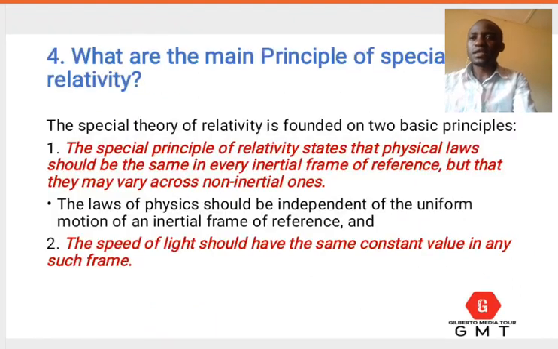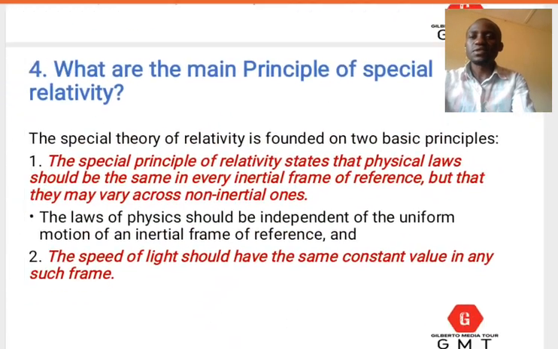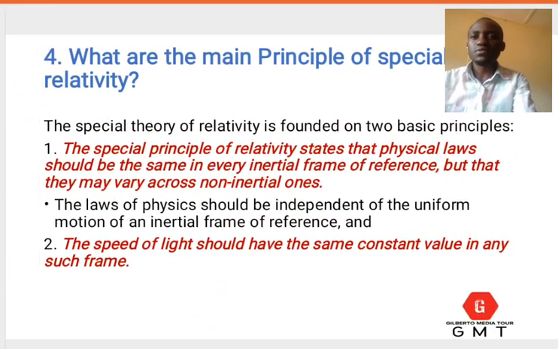So what are the main principles of special relativity? Last time I saw that special relativity says that in an inertial reference frame, the laws of physics are the same. The experiments that can be performed are the same everywhere.